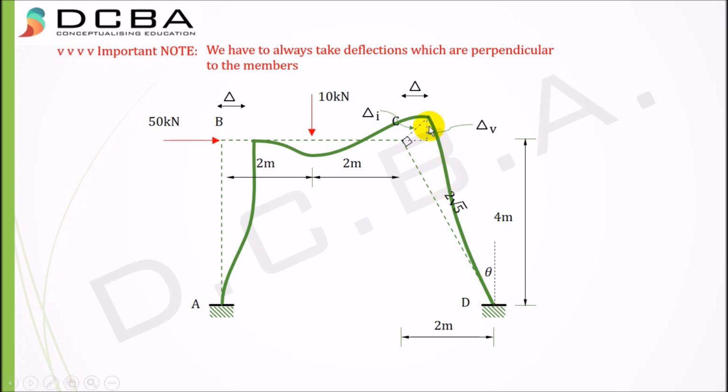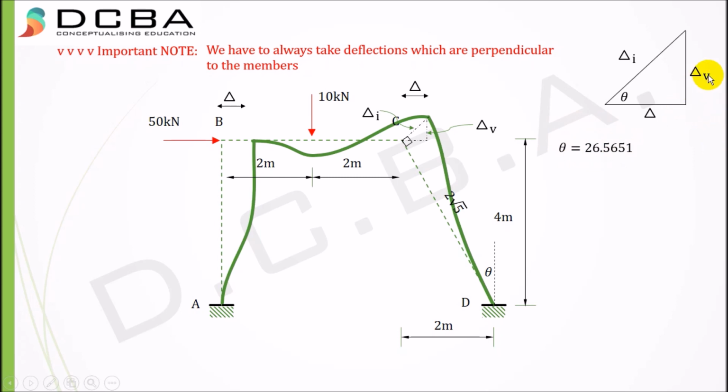We magnify this particular triangle here, and as you can see this is delta, the horizontal deflection that we have, delta V, delta I, and this is theta. This is the angle of inclination, and to find theta it is very easy. It is just tan inverse of 2 by 4, and we get theta equal to 26.5651 degrees.